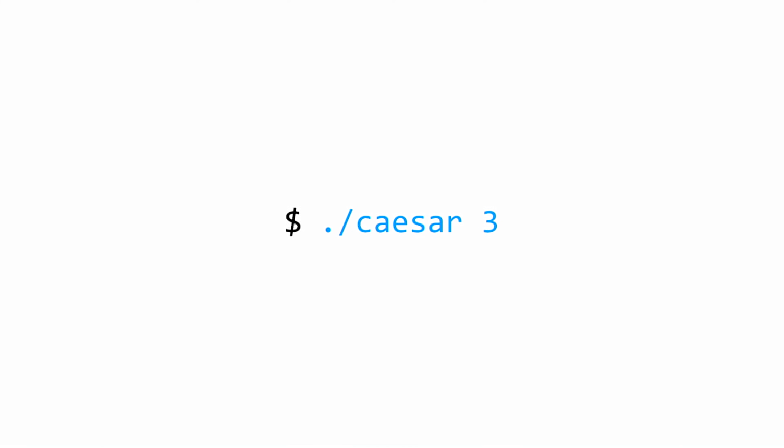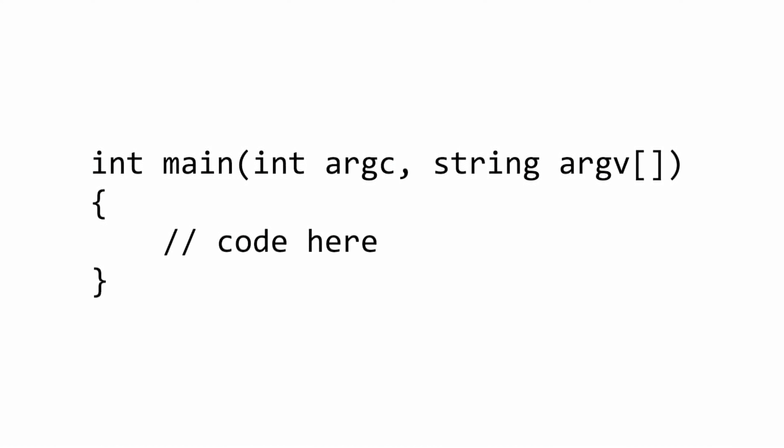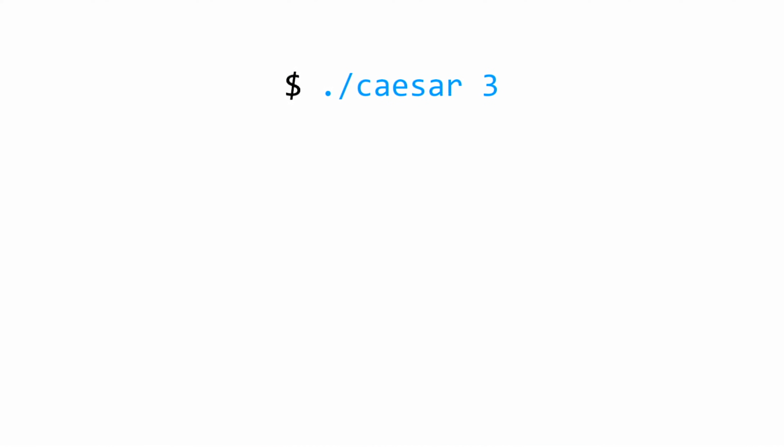Well, recall that in a C program, your main function can take arguments. It can take an argument called argc, which is going to represent the argument count, the number of command line arguments, and also an array of strings called argv, representing each of those command line arguments. So for example, if I were to run ./caesar and then the number 3 as the key, argc would be 2. I typed in 2 things, ./caesar and 3.